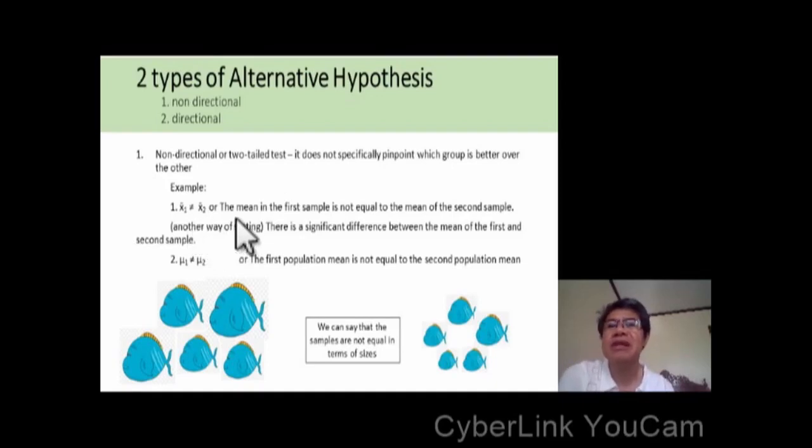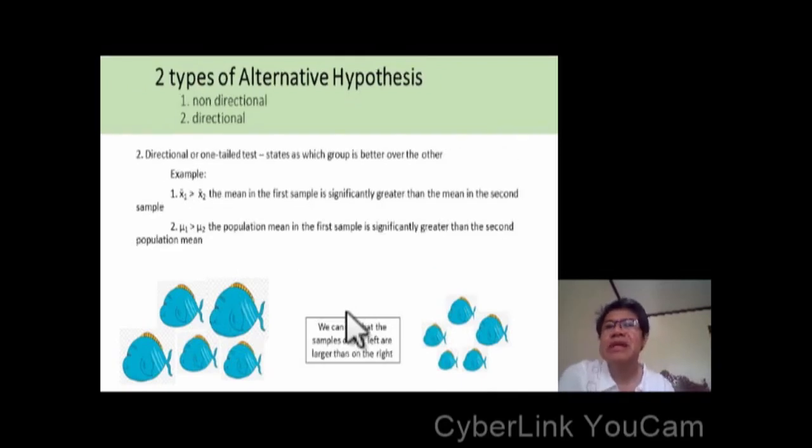Or it could be stated as the mean in the first sample is not equal to the mean of the second sample. Or we could also say that the first population mean is not equal to the second population mean. So you just put a not equal sign here if that is non-directional.